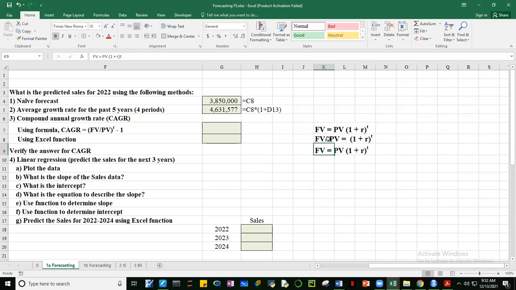Okay, so let me copy this again here. What we can do now is we raise both sides by 1 over t.